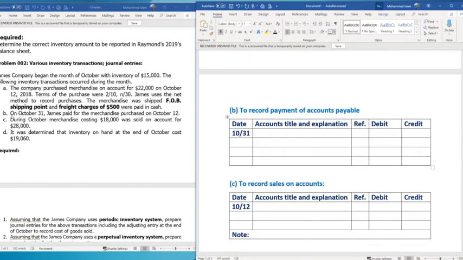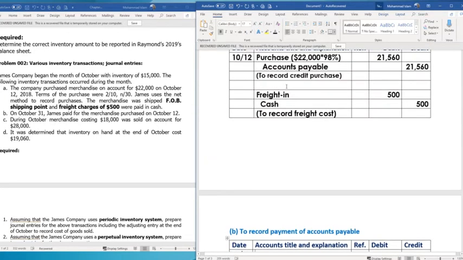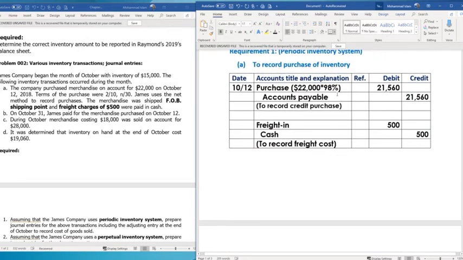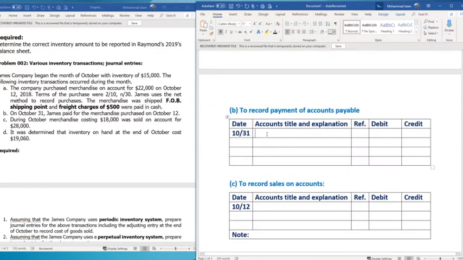Number B, October 31st, James paid for the merchandise. Say the difference: the original cost was 22,000, but we have recorded the purchase and accounts payable as 21,560. We assumed that we would be paying within the 10 days, but we could not, so we have actually lost the discount. So we record accounts payable debit 21,560.